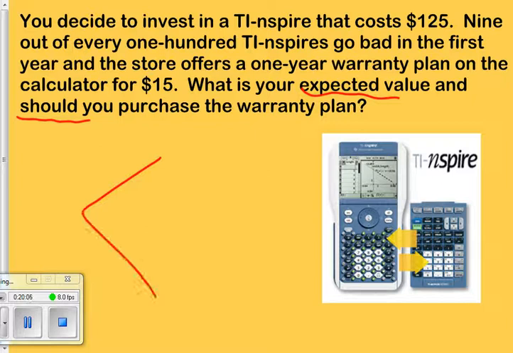With this calculator, there's two possibilities, right? It can either stay working or it can break. So this is good or bad. If it's bad, 9 out of 100 go bad. If it's good, that's about 91 out of every 100.